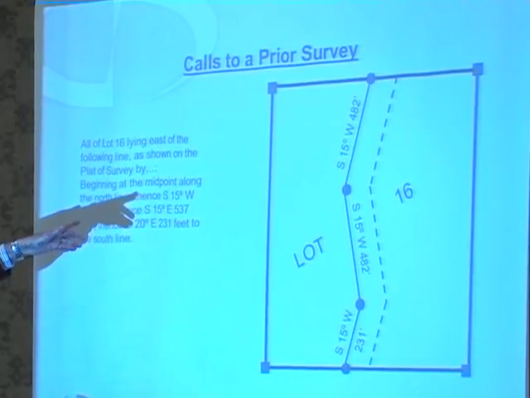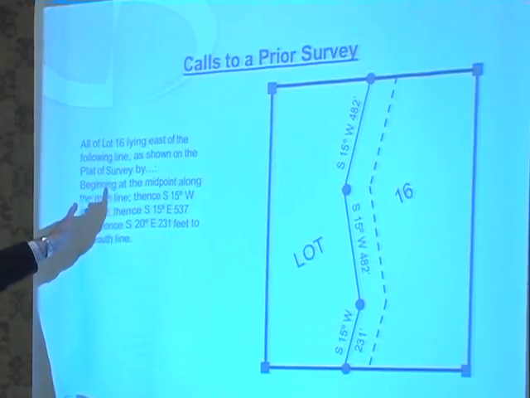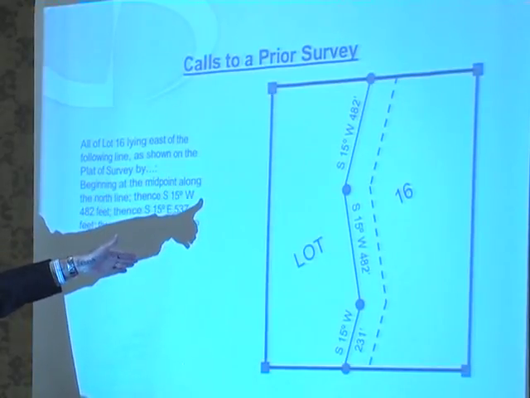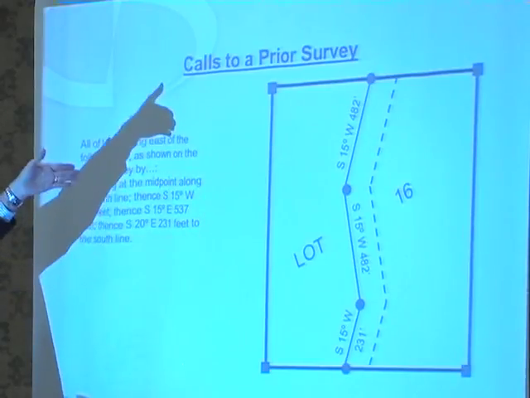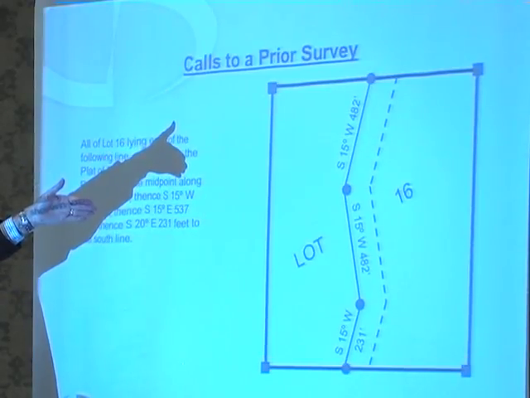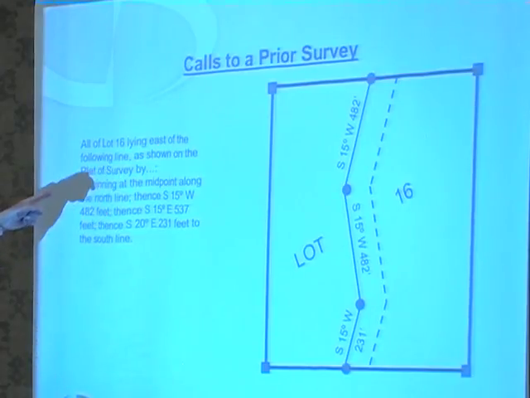The concept here is that the description is clearly based on the survey, and the survey went from point to point to point. The description just screwed up. Even if this survey is not recorded.